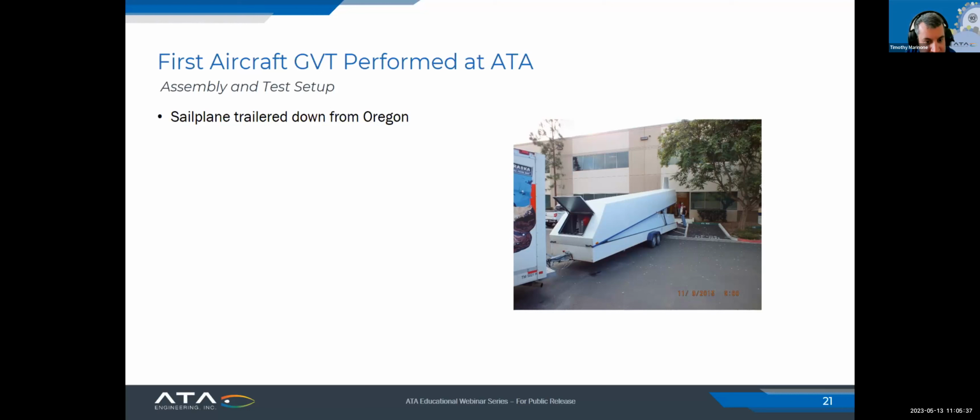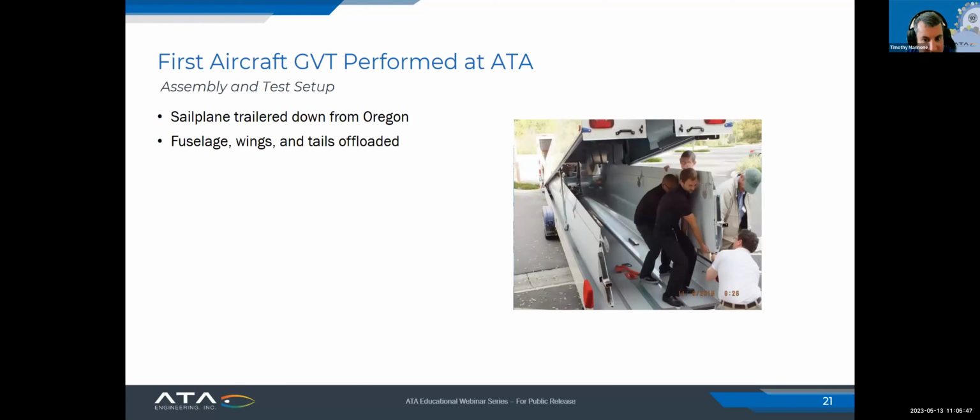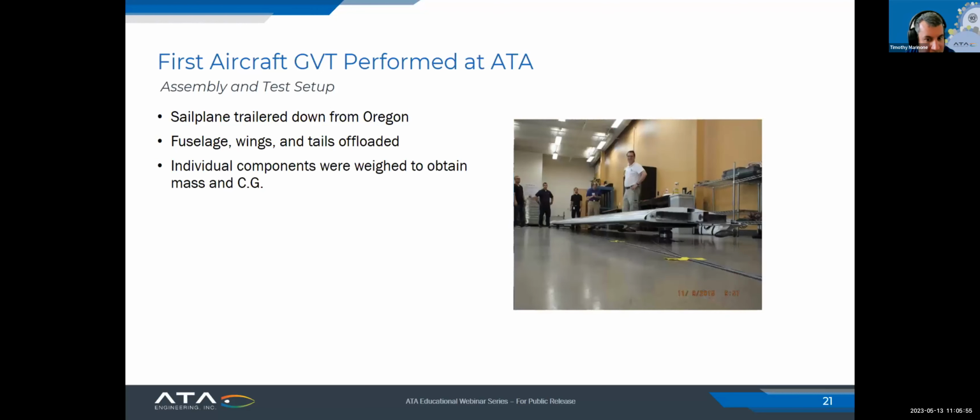But in this case, we were able to do it at our facility. They carried it in a big U-Haul with a trailer down from Oregon, and you can see we were unloading it, a very manual process to get everything off.